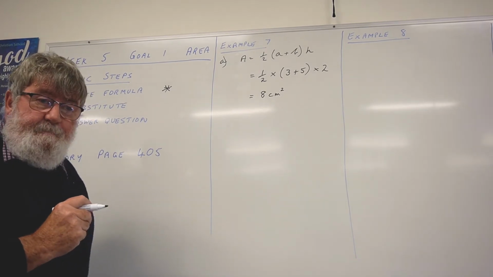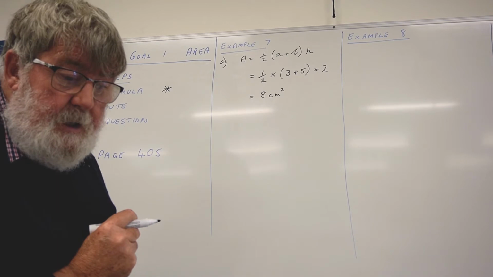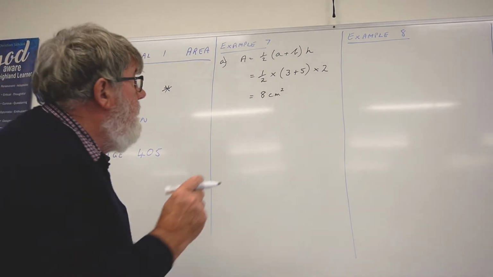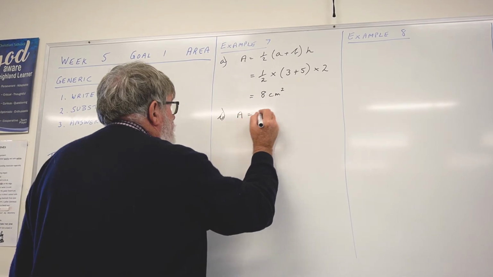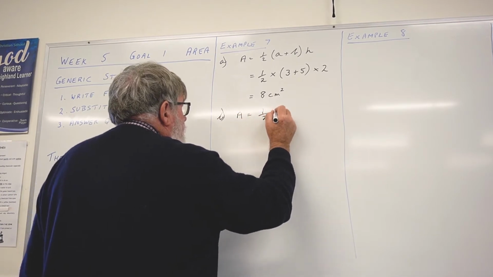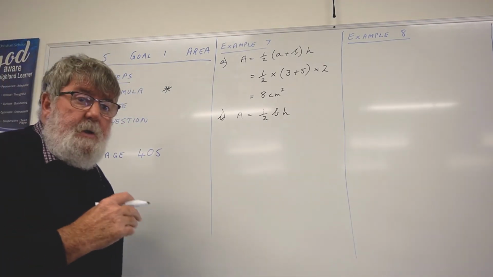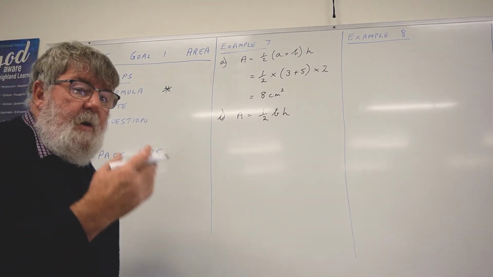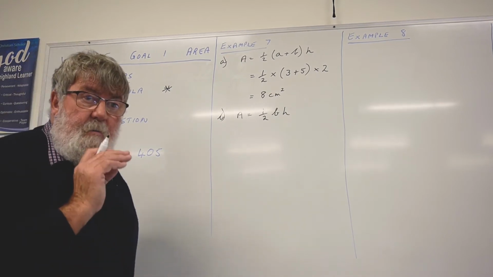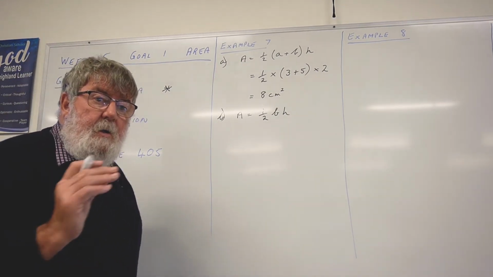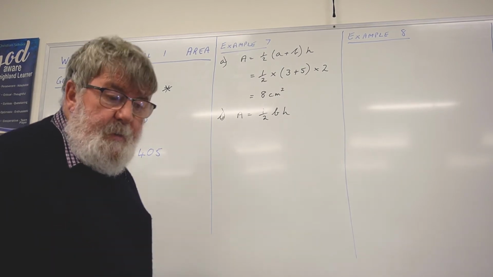So that's 7a. Moving on to 7b, looking at the shape, it is a triangle. You should know the formula for the area of a triangle. If not, look it up, back on page 405: a half b h. By the way, when you come to do assessments on these things, you will be provided with the formula on your test. So you don't have to actually remember them, but of course you need to recognise which goes with which shape. b stands for the base of the triangle.